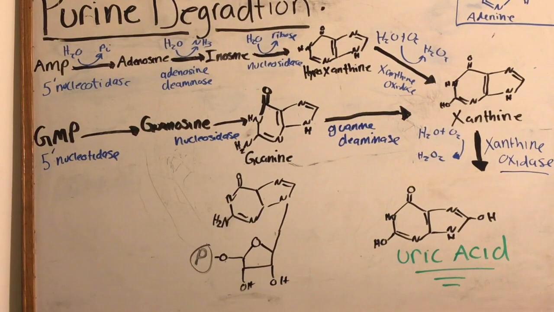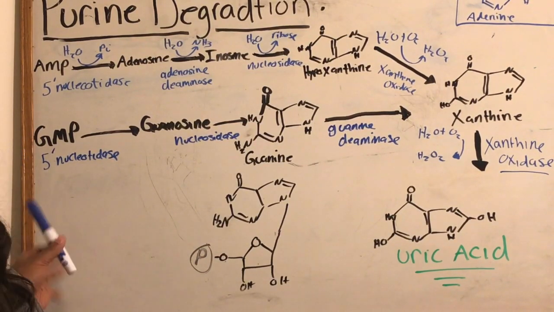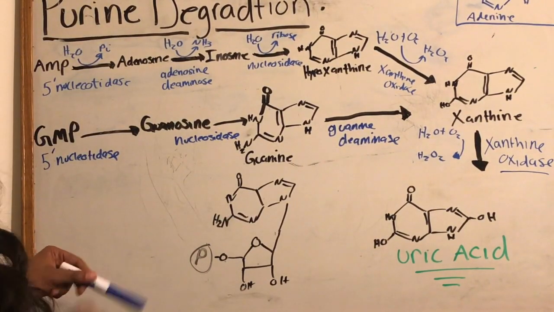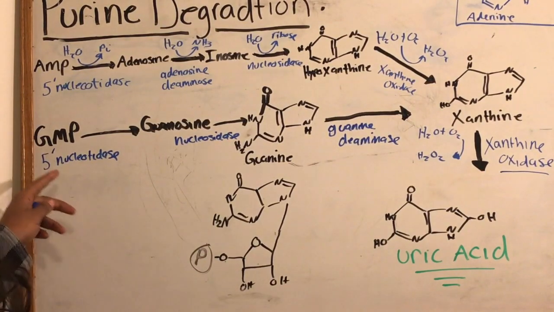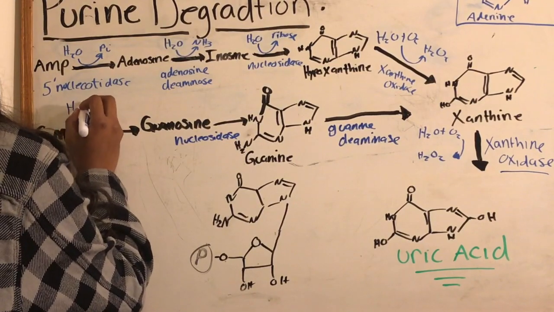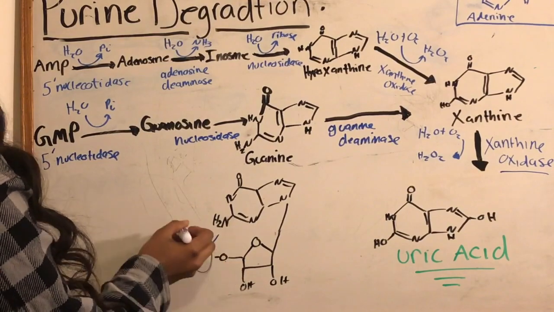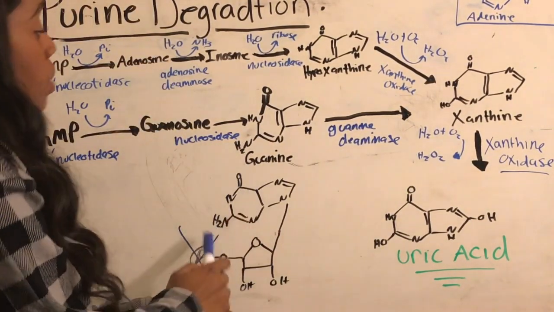Next we are going to go over the catabolism for GMP, and it follows the same pathway as AMP. There's just a slight difference based on the structure of the nucleotide. Initially, we use the same enzyme, 5' nucleotidase, to remove our phosphate group, and then we're left with guanosine.